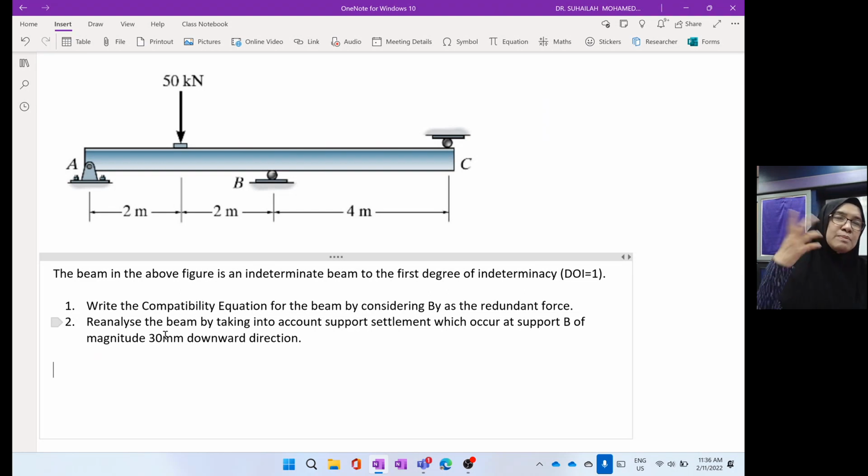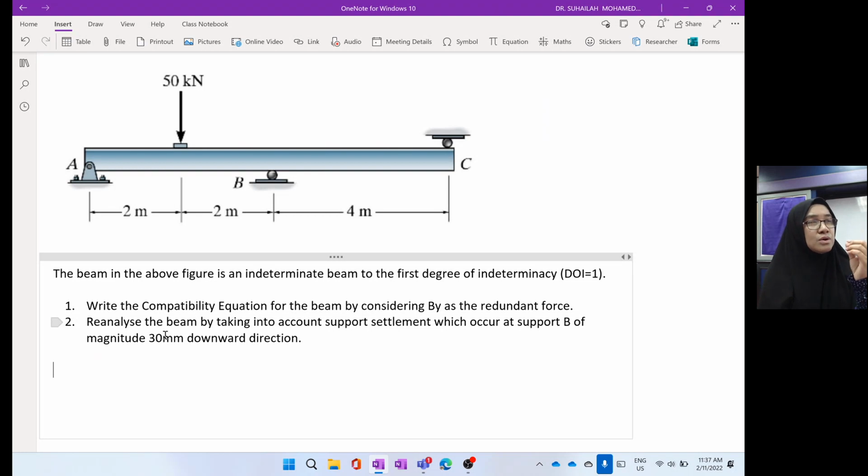Okay, delta B naught belongs to which system? Primary system, primary beam. Okay, FBB belongs to the redundant beam. So how many systems actually do we need to analyze? Two beams.